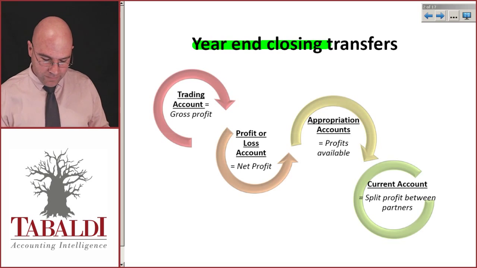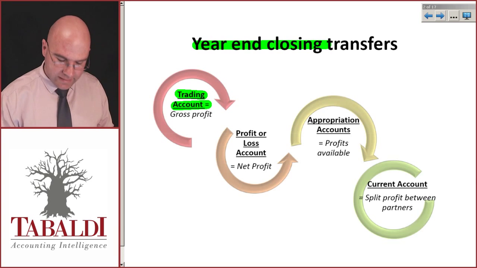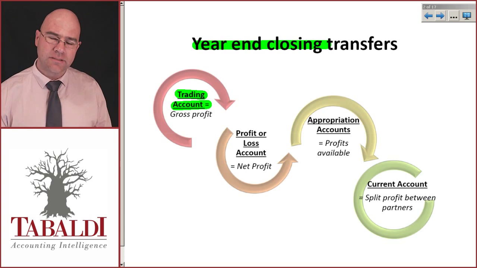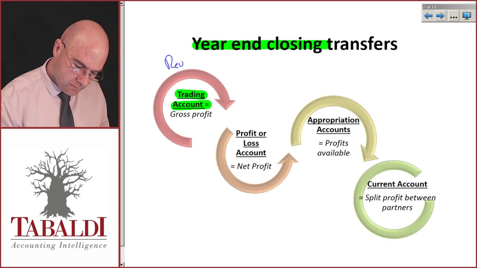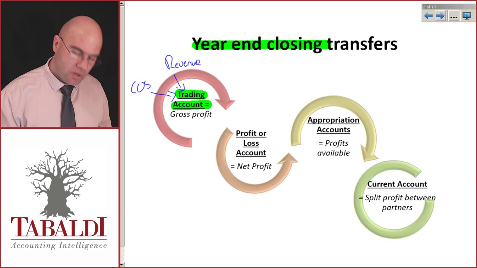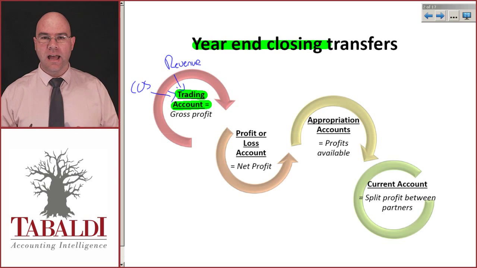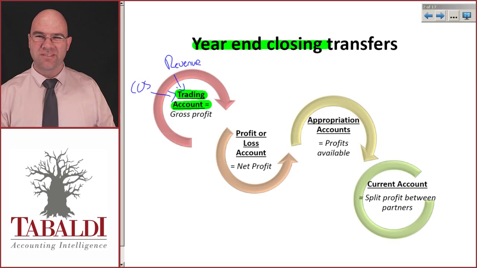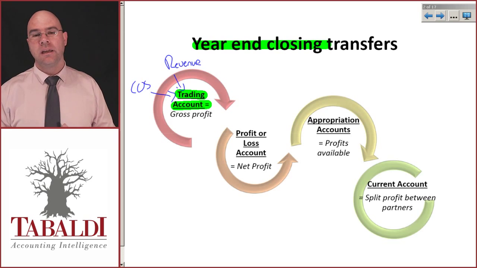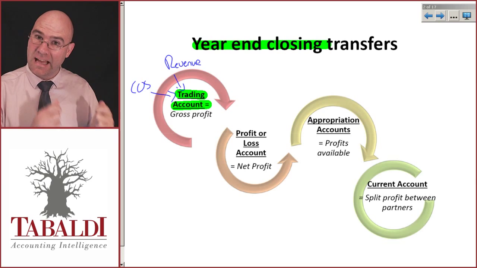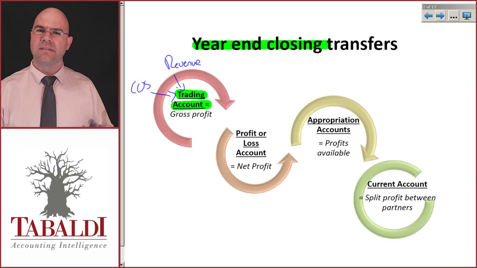So let's start off. We're going to first look at the trading account. And the trading account is going to have basically your revenue or sales and your cost of sales. All will go into the trading account. You'll close out the sales account, close out your purchases, cost of sales. Remember, for cost of sales, it will depend on whether you are on the perpetual or periodic inventory system on the exact account names, but the principles will be the same.